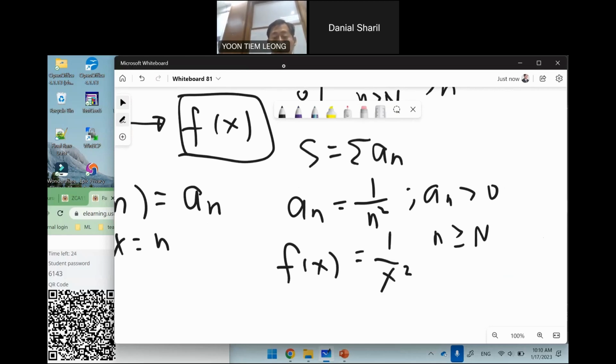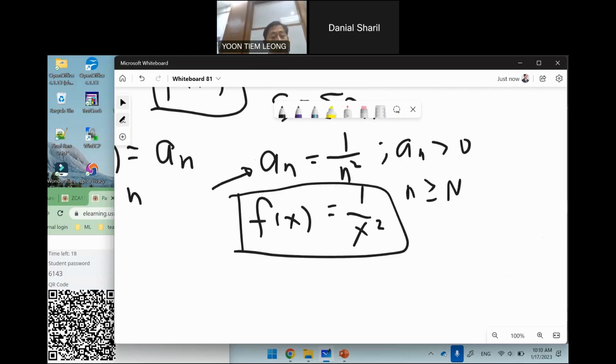Given this sequence, you form a function f(x) in the same form as 1 over n squared, but instead of n, the independent variable is x. So here f plays the role of a_n and x plays the role of the index.